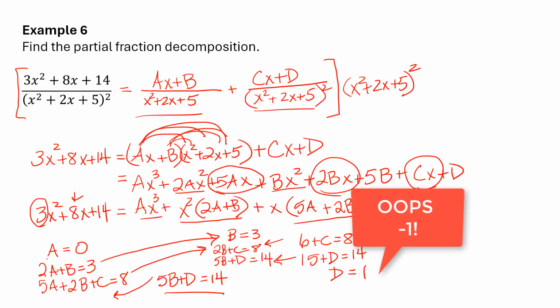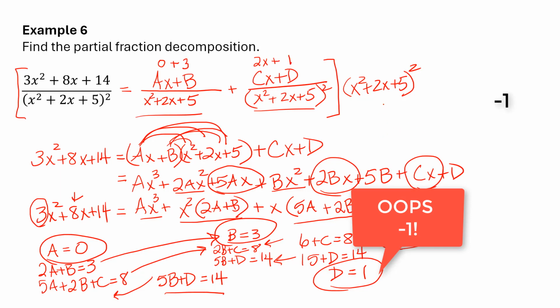So I've got my A, I've got my B, I've got my C, and I've got my D. So I can write the partial fraction decomposition for this fraction. And so ax plus b up here, a is 0, so 0 plus b is 3, so 3. And then cx plus d, so c is 2, so that's 2x, plus d is 1, so 1.